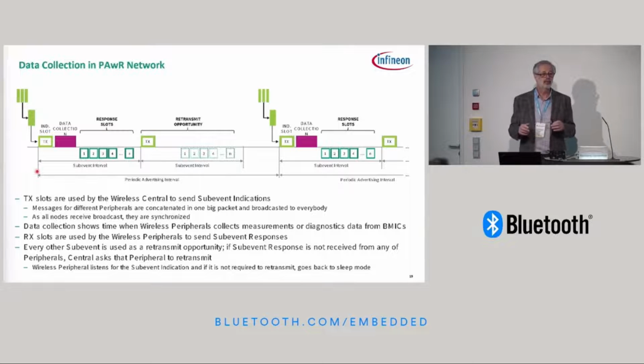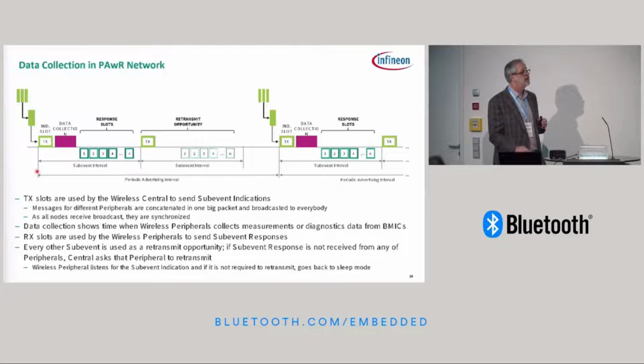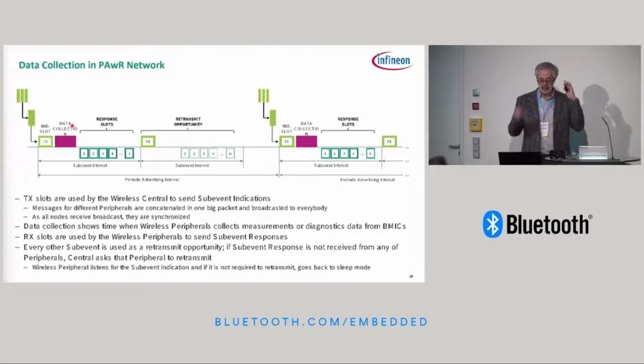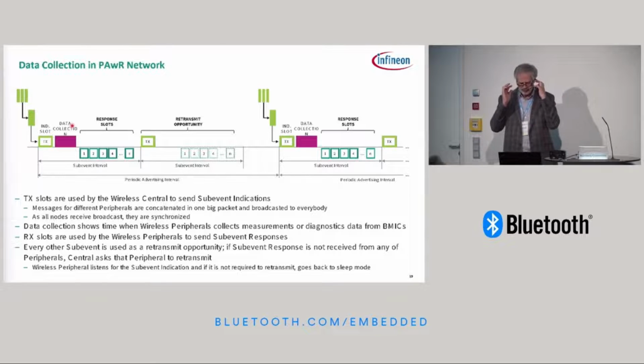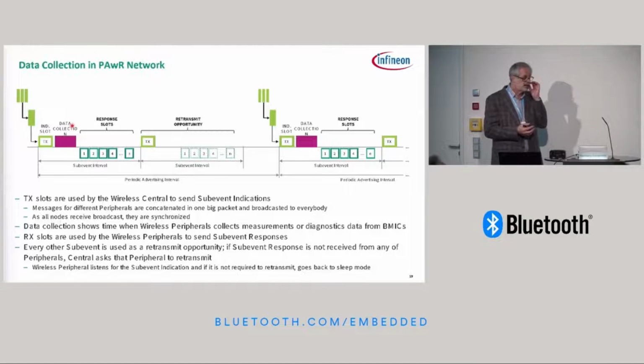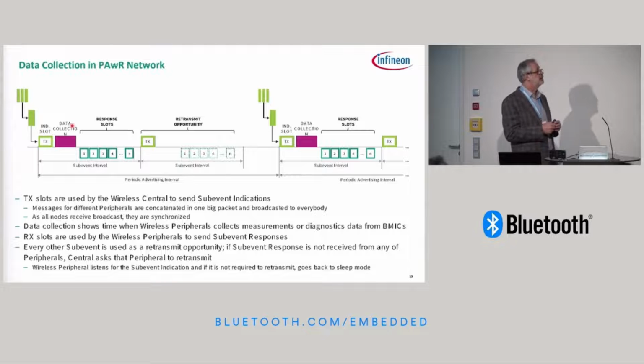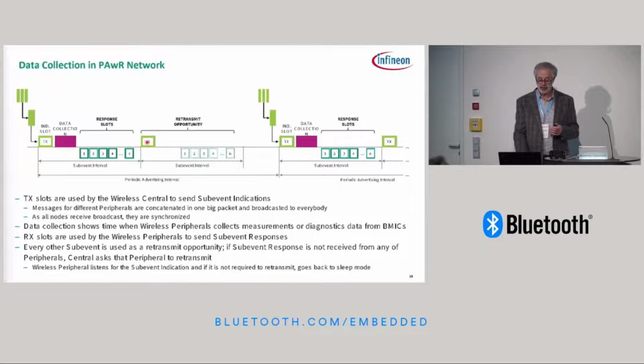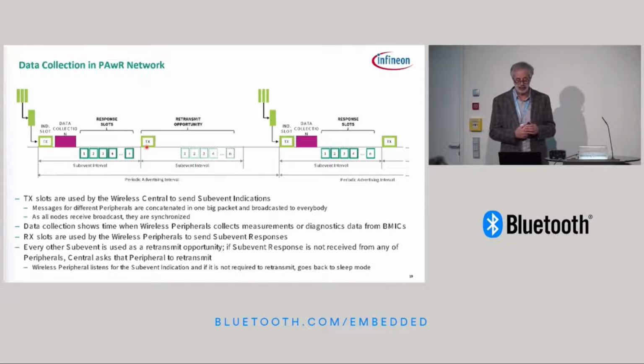You can do different slots. And in the second sub-event, you can do retransmission. So if for some reason the central or your car brain didn't receive the transmission from slot number 3, the central can tell, number 3, please resend me information.